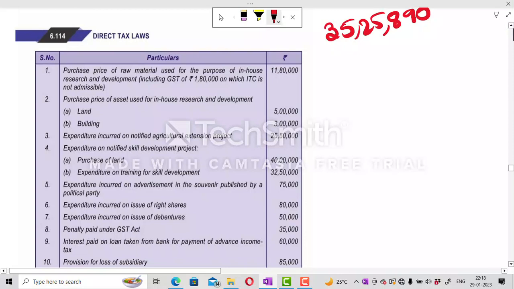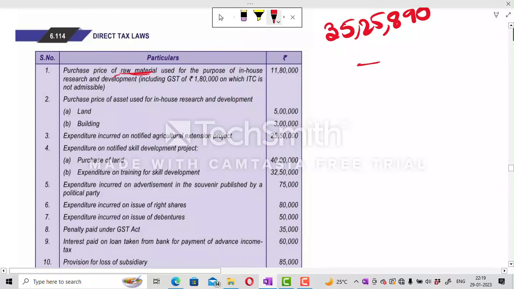Only 10 expenses. Purchase price of raw material used for in-house research and development. It is revenue expenditure after commencement of business, so the expenditure is allowed. They have already taken this deduction, so we need not add that.